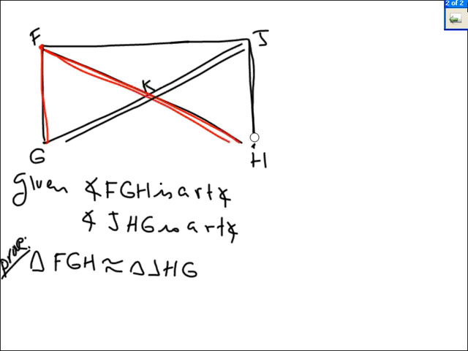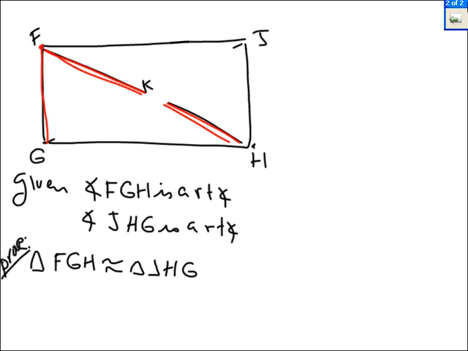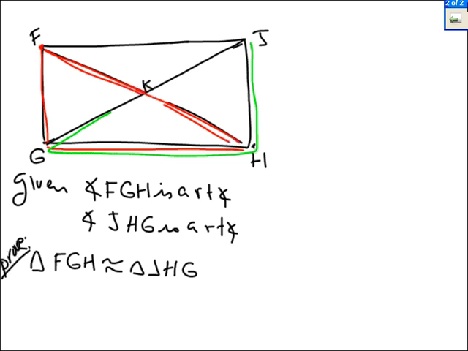Which really means I want to fix this up a lot. FGH. That's that triangle. And JHG. So it's the bottom left and the bottom right triangle that we're supposed to show are equal.